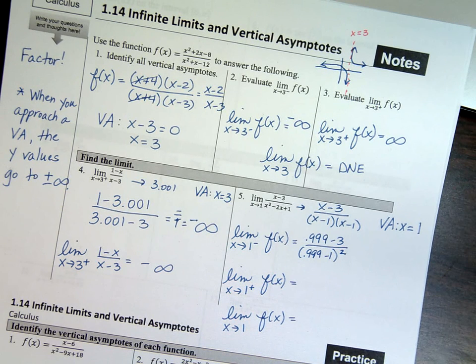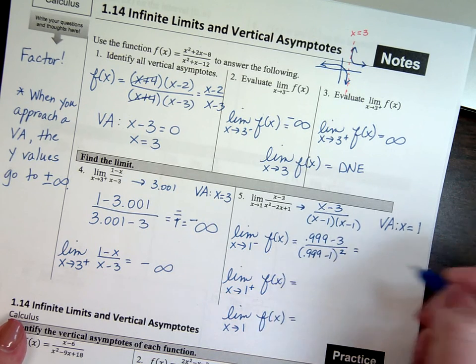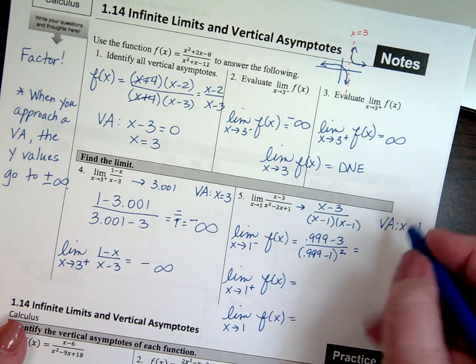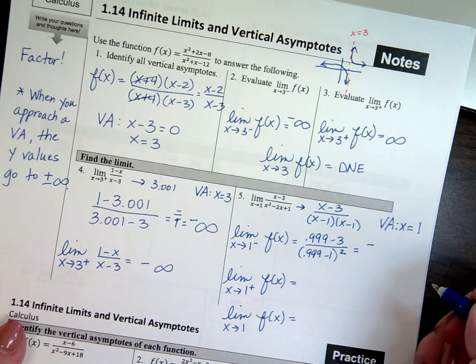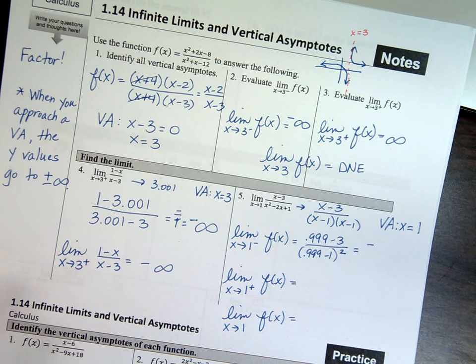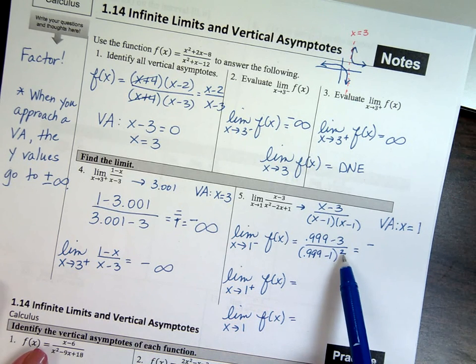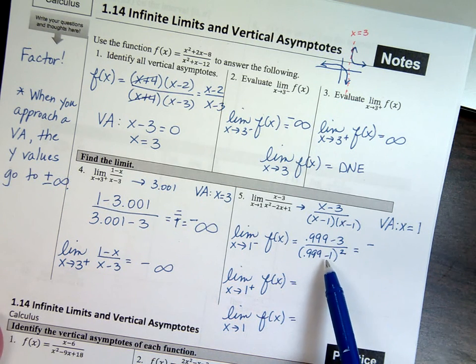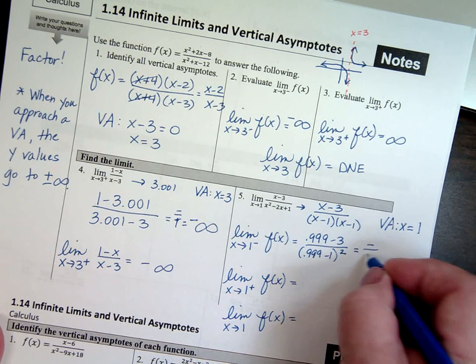Again, it's all about positives and negatives. Up top, 0.999 minus 3 is going to be a negative value. And the bottom's kind of nice, because when you square something, your answer is always going to be positive. So this comes out to be a negative over a positive. There it is. My answer for this one is negative infinity.